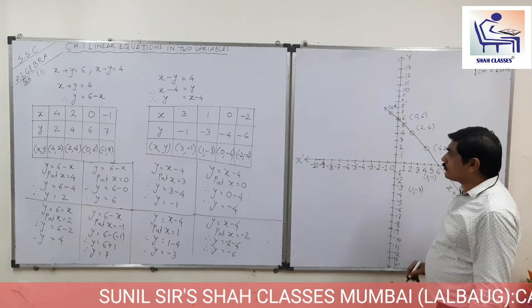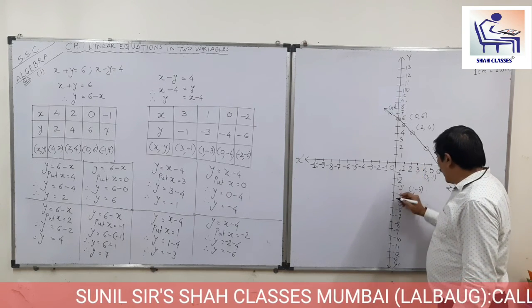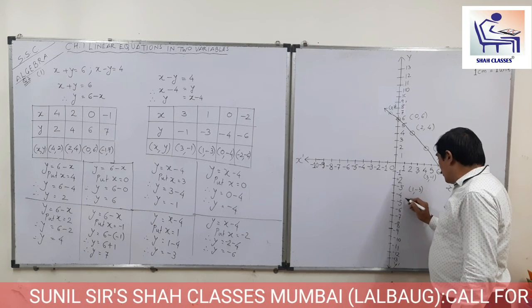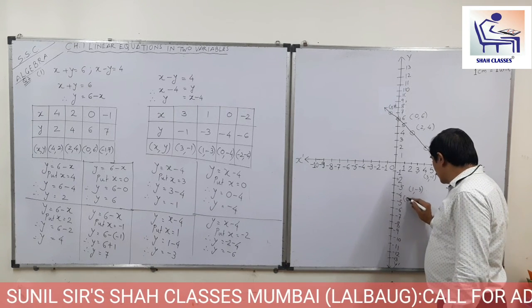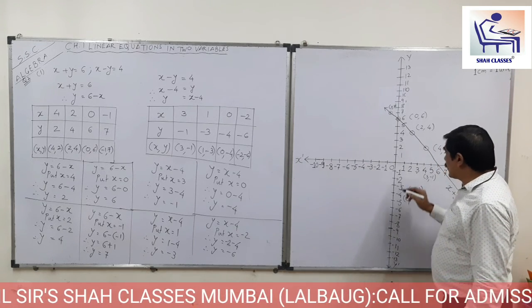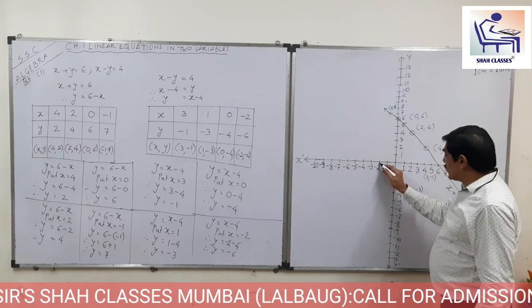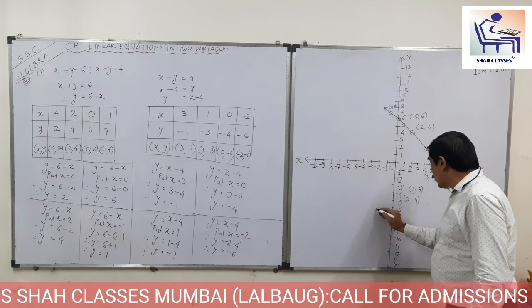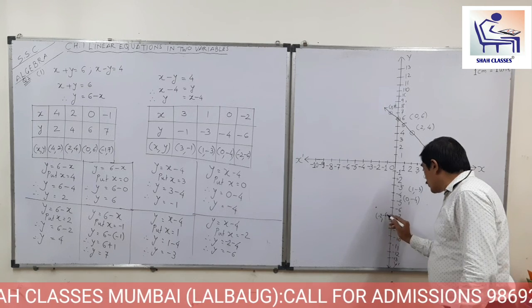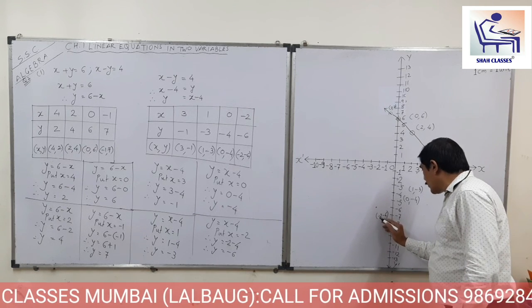And now 0, minus 4. This is your third point. And the fourth point is -2 on the x-axis and -6 on the y-axis. So here we got -2, -6.